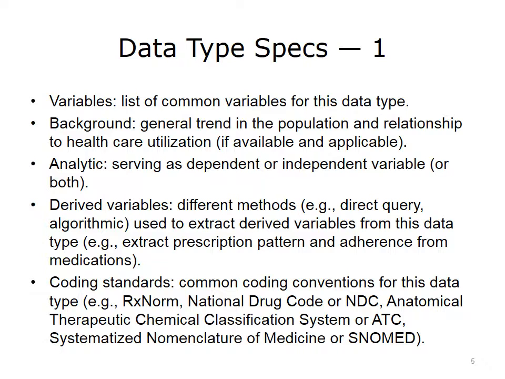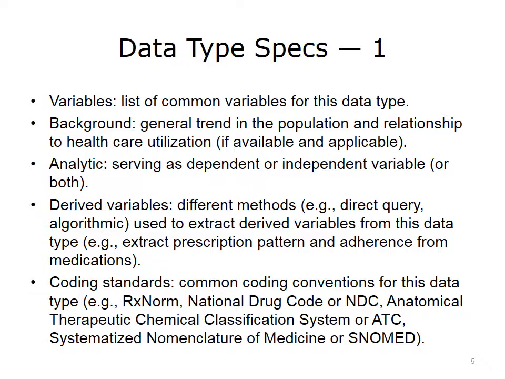Coding standards will review a list of coding and terminology standards that are commonly used to encode the data type in discussion. For example, while discussing medications as a potential data type for population health analytics, the following list of coding standards are included. RxNorm, which is the normalized list of medications developed by the National Library of Medicine.